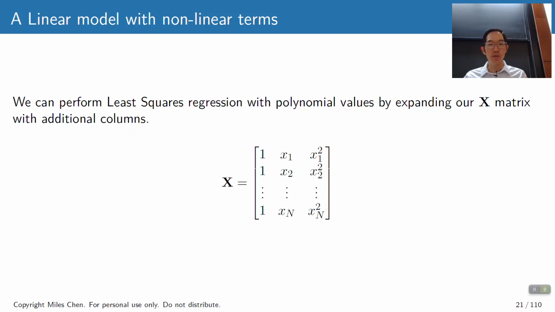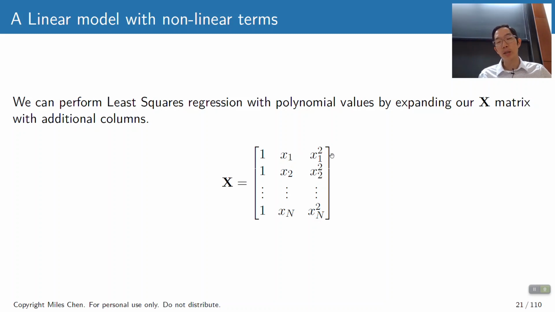Okay, so let's say we wanted to fit a quadratic model. We can still perform least squares regression, and all we will do is expand our X matrix. My original X matrix was just the column of ones and the column of X values. And here I can create a third column by just taking this column and squaring all of the values.